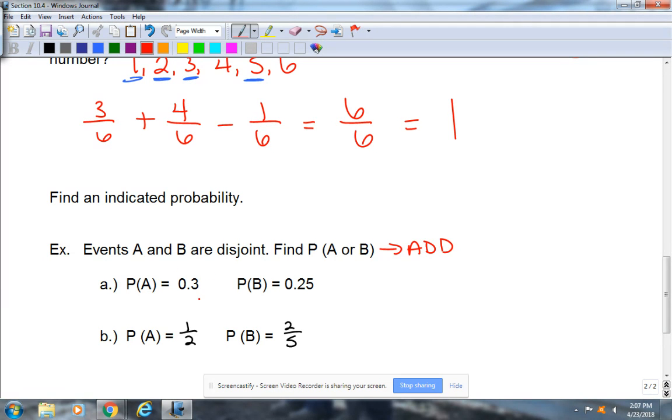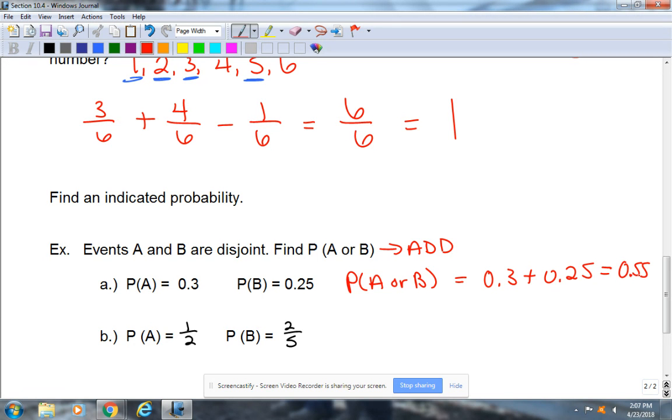So the probability of event A is 0.3, event B is 0.25. So the probability of A or B, you're going to add them. 0.3 plus 0.25. And what does that equal? 0.55. Right? So a little bit over a half.